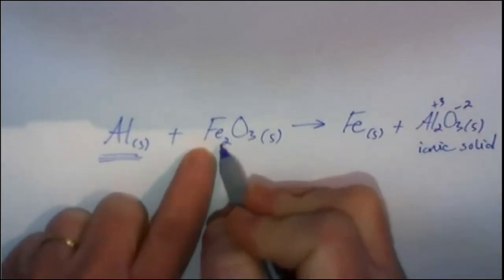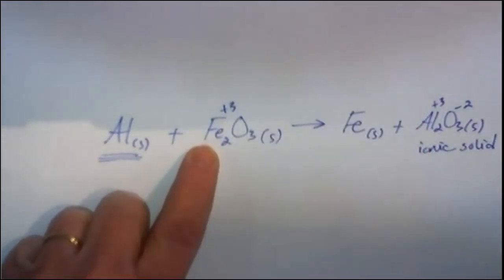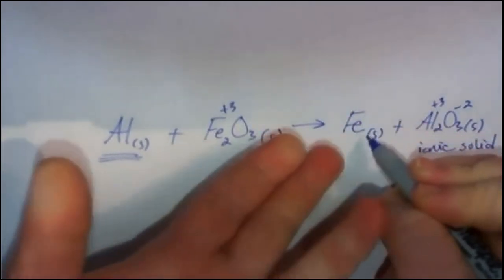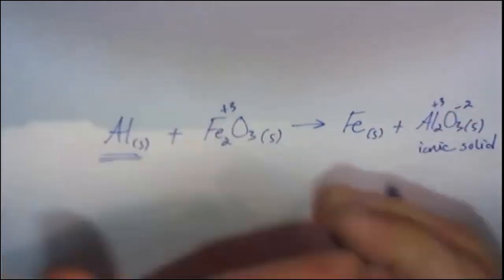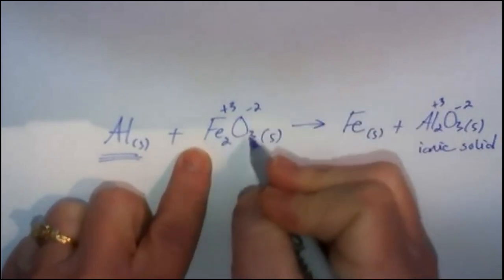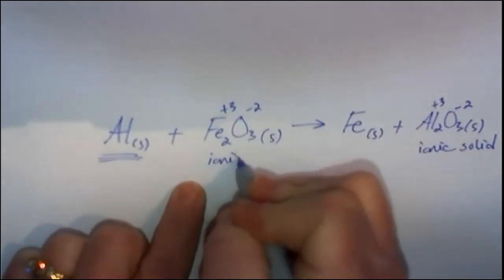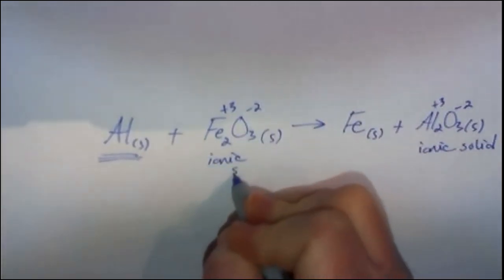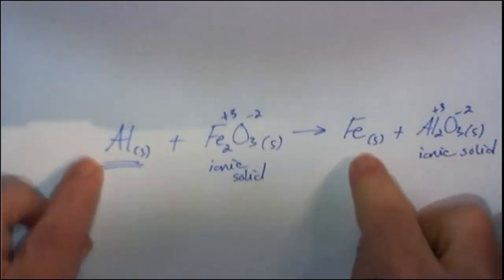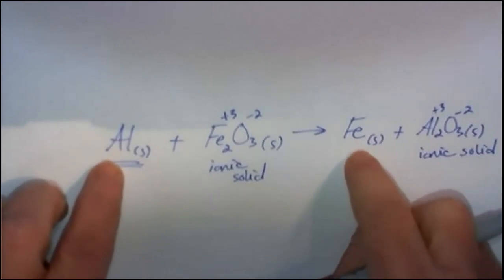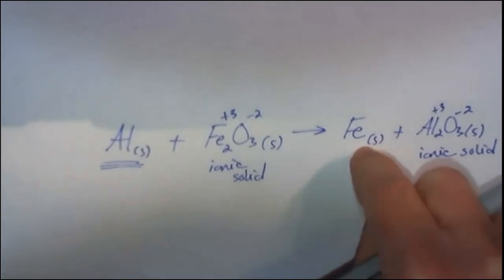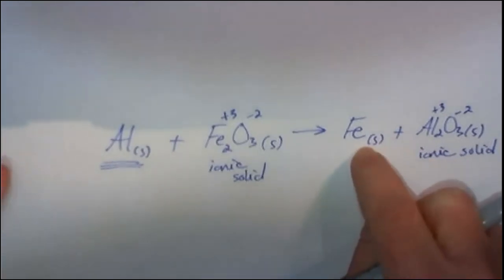Well, here, iron is a positive 3 cation. Here, it's neutral, in its elemental form. But here, metal, non-metal, it also is ionically bound, but it is a different ionic solid than this. We know metals on their own and the characteristics that they have: they are malleable, silver, lustrous.